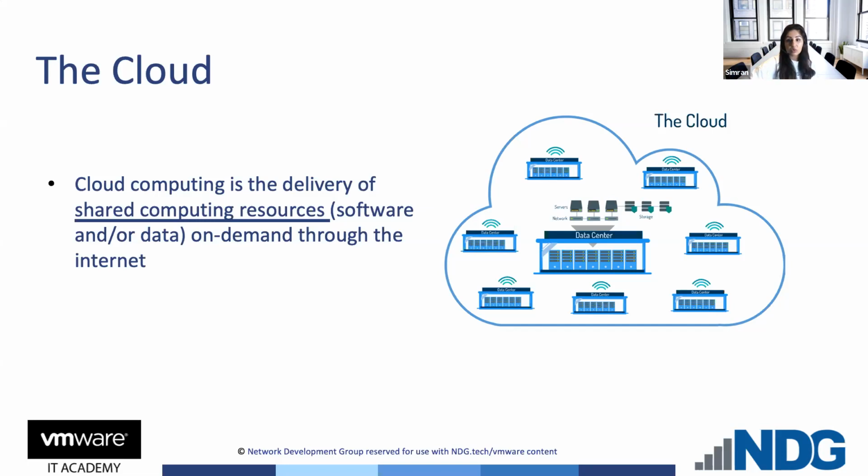Now, like I said, this has seriously helped organizations from the capital expenditure perspective, but it's also helped them scale really quickly, because they can scale out and back in without having to rely on serious expenditure. From a cloud data center perspective, you can have multiple data centers made up of compute, storage, and resources connected by a network.